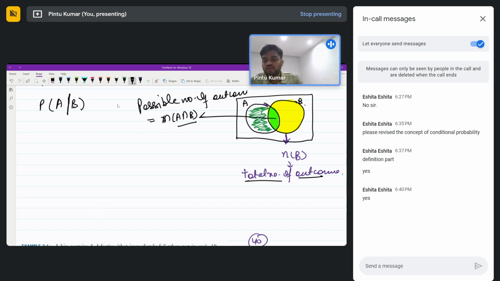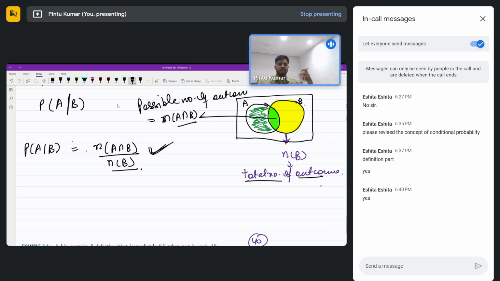So what is probability? Probability is the possible number of outcomes divided by the total number of outcomes. That is the number of elements in A intersection B divided by the number of elements in B. Now, this definition is also correct. But what we want to do is write this in terms of probabilities, so that when we are calculating, our life becomes a bit easier.